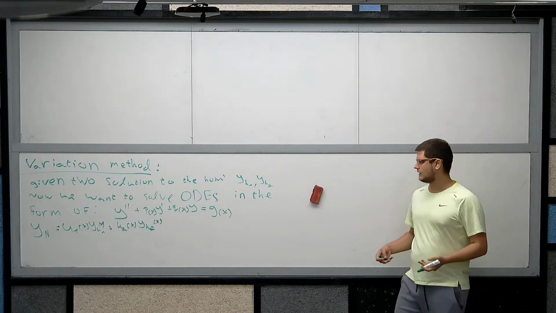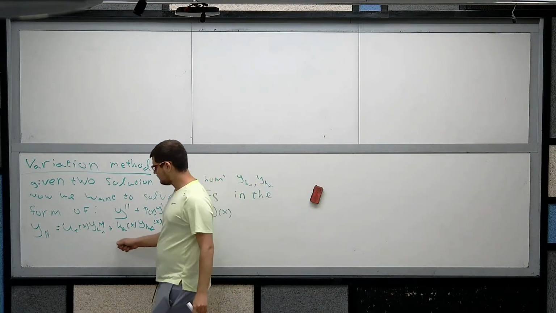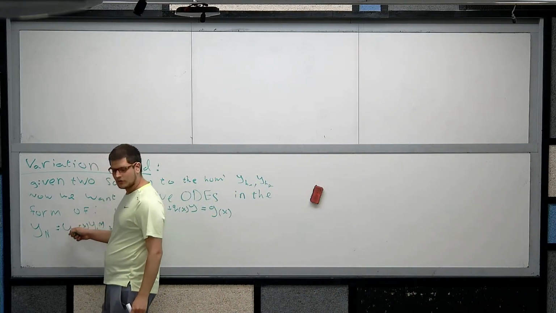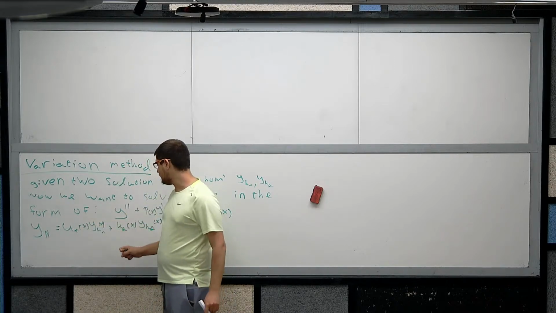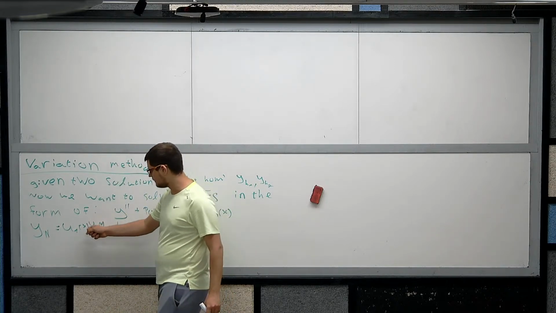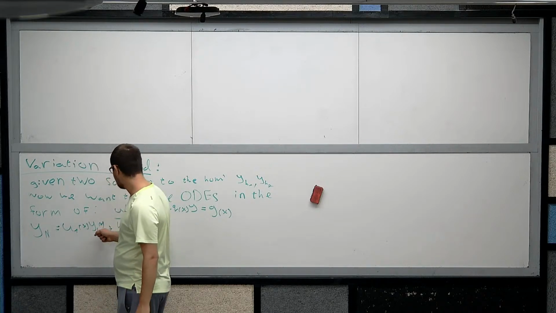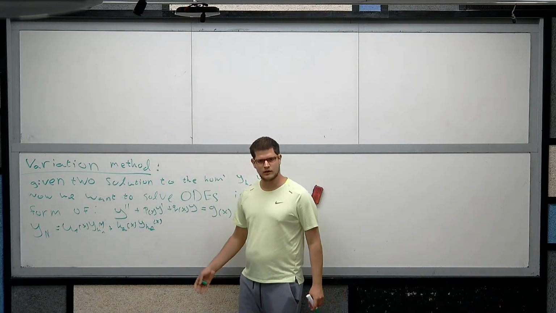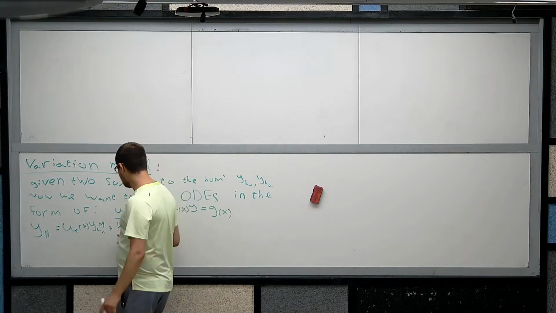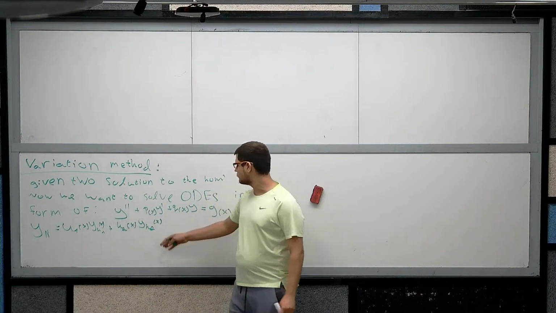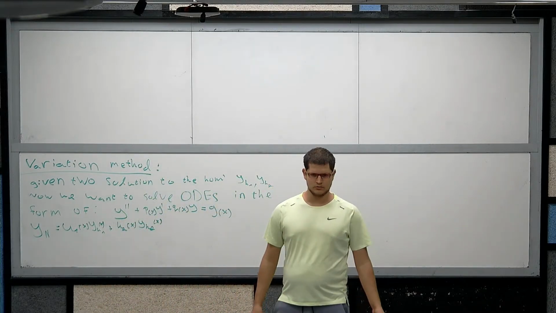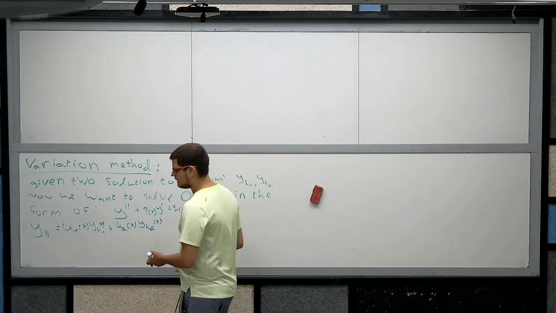From here you add an ansatz that if you take the derivative of u1 and u2, u1 prime with y_h1 and u2 prime with y_h2, it will be equal to 0.